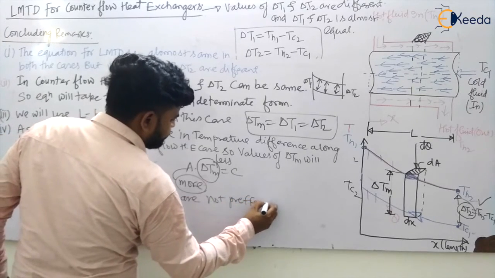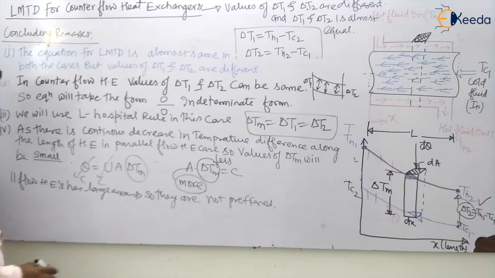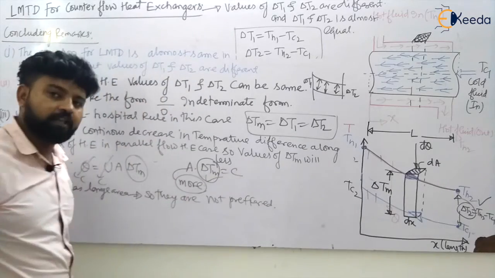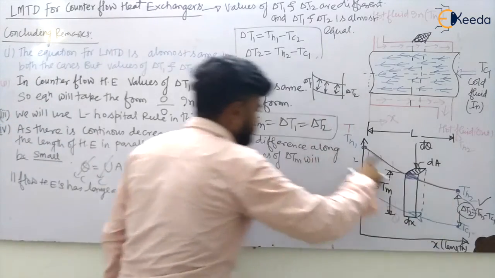And at last, if you see the counterflow, in case of counterflow, delta Tm is large because it is almost same.